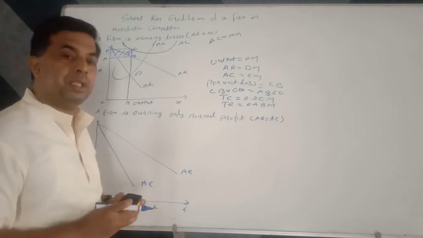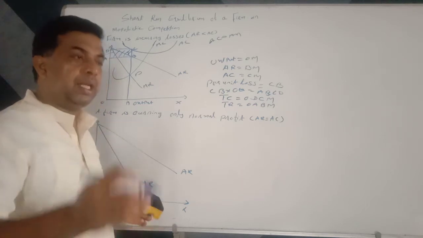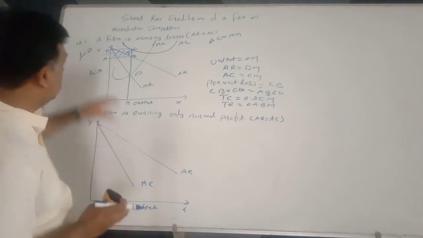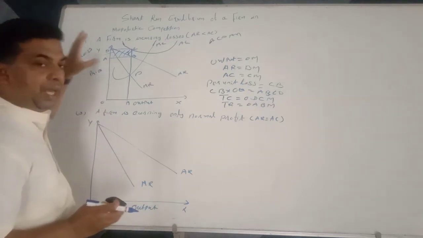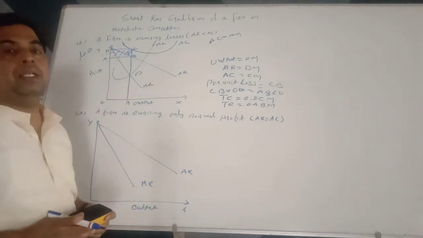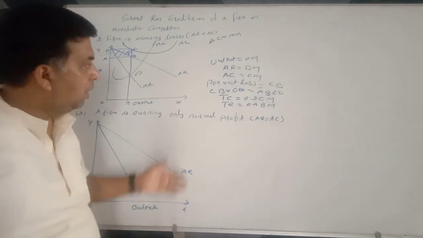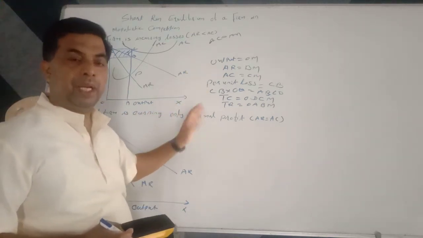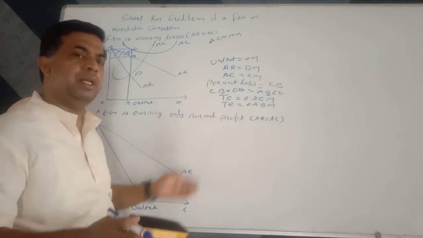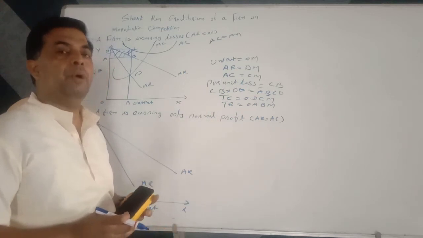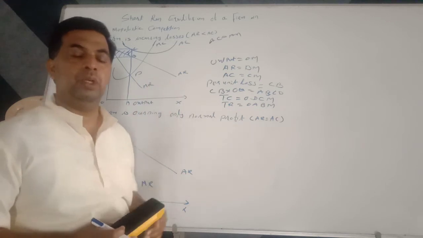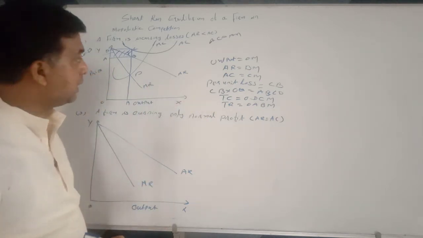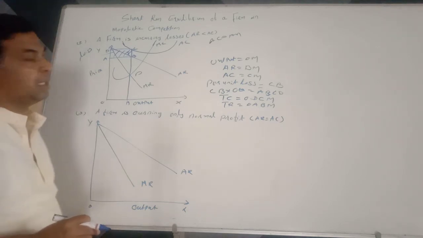Here average revenue is less than average cost, so the firm is incurring losses. In our diagram, rectangle ABCD is indicating loss. You can also explain it by showing total cost and total revenue. We have already discussed the same point in monopoly, so we will not repeat it. So this is the second possibility, when a firm is incurring losses.